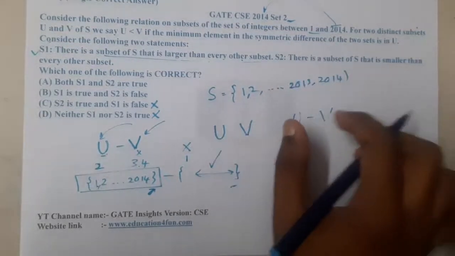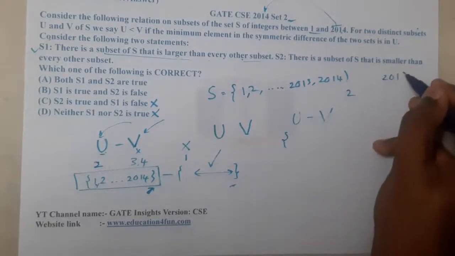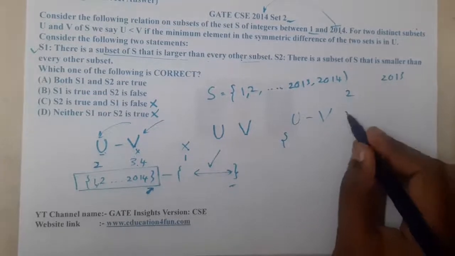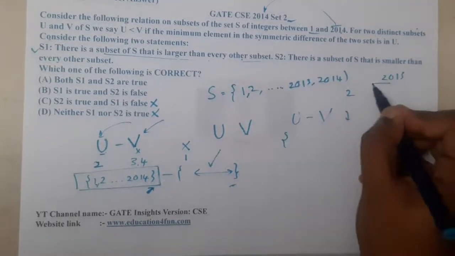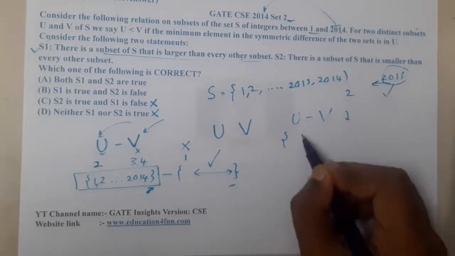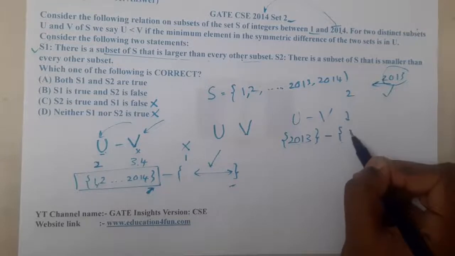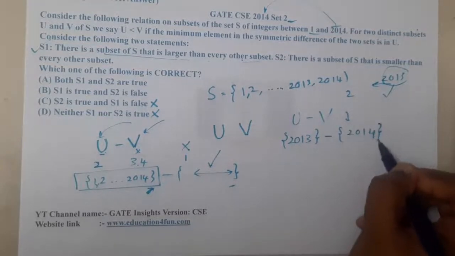It doesn't mean that only 1, it could have 2 also, or 2013 also, but the other set is not allowed to have the lesser element or that exact element. So if this set has 2013, the other can only have 2014. There are no more options for it.